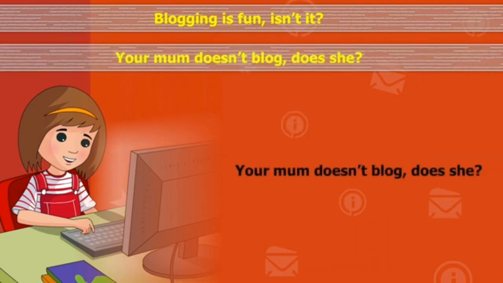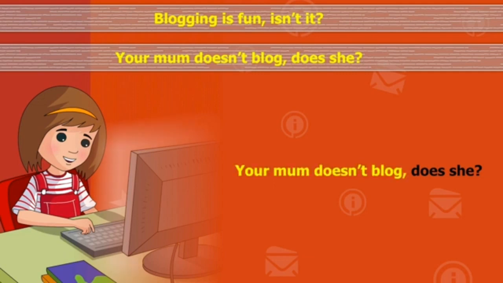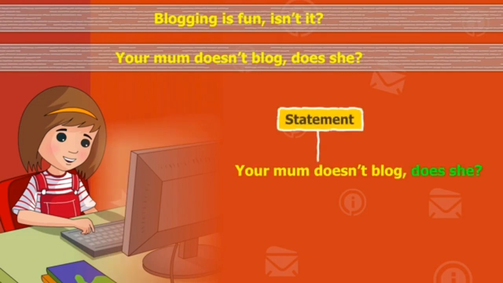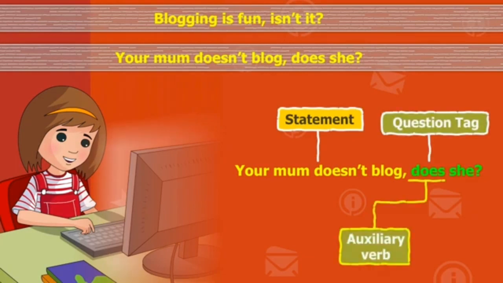Similarly, in the second question, your mom doesn't blog, does she? The first part of the question, your mom doesn't blog, is a statement, and the second part of it, does she, is a question tag. Does there is an auxiliary verb, whereas she is a pronoun.